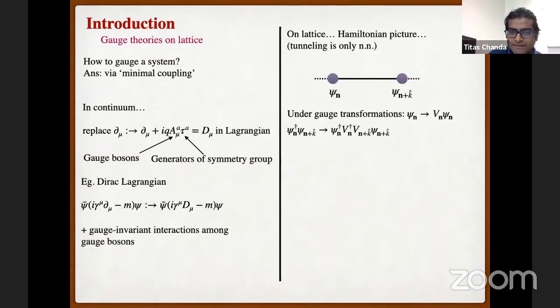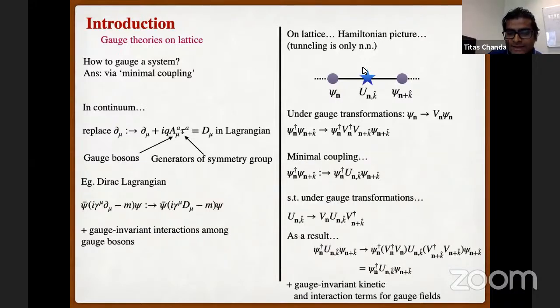Now, how to do it on a lattice? Say we have a Hamiltonian picture, and for now let us consider only nearest neighbor tunneling. Say we have two sites here and here, and we consider this type of gauge transformation, where V_n is a unitary matrix under some group. The problematic term here is the nearest neighbor tunneling, because it transforms like this, so it has an extra term here. So it is not gauge invariant now, and we have to make it gauge invariant. Again, we do minimal coupling.